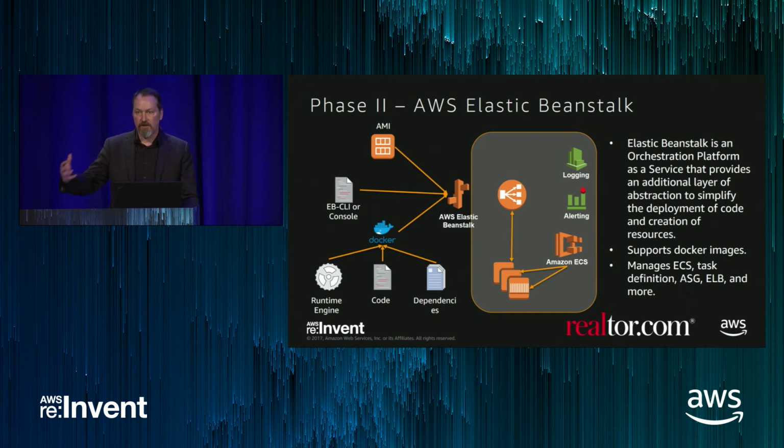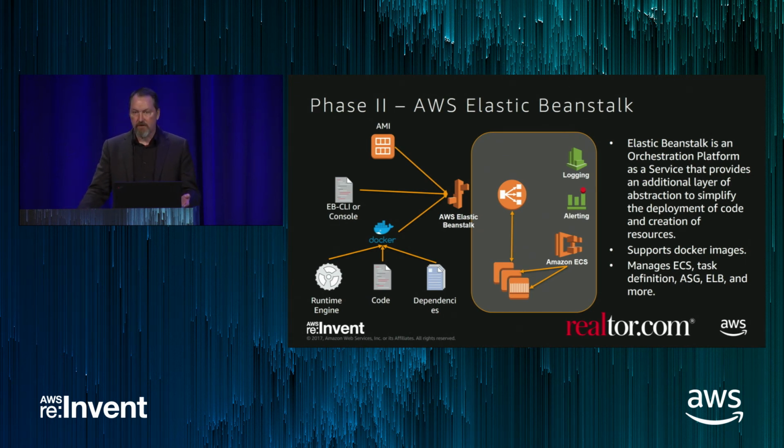It was traditionally used for creating a source package that you would just give to Beanstalk, and it would launch your front-end web applications and that sort of thing. But it now supports Docker images, and it can manage the ECS task definitions, scaling groups, CLBs, ALBs, and everything else that is required in that stack.